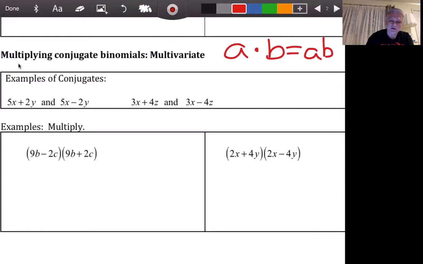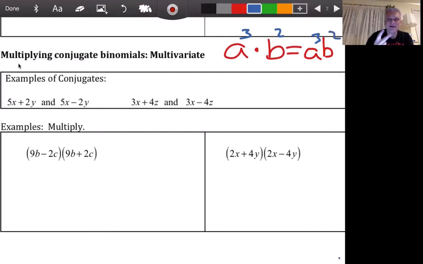Pretty simple. If it were A to the third times B squared, your answer would be A to the third, or A cubed, B squared. So A cubed, B squared.